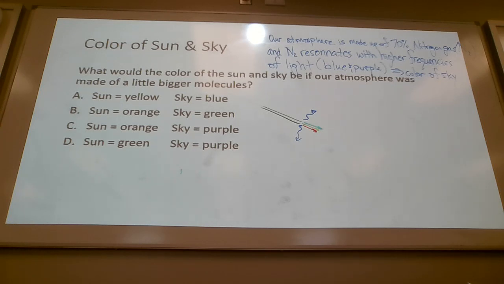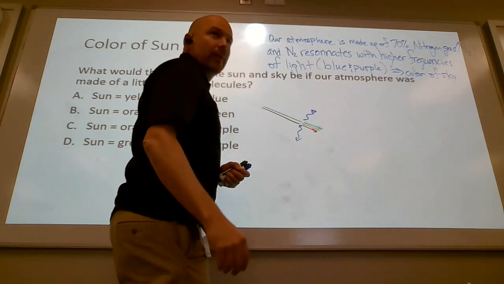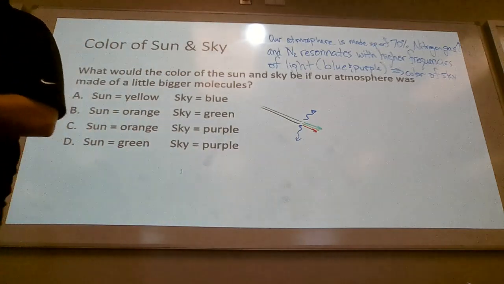So if molecules are bigger, then it scatters a little lower frequency of light. What has a lower frequency of light than blue? Green. So green would get scattered, and what would be left over would be your yellow, red, and orange.